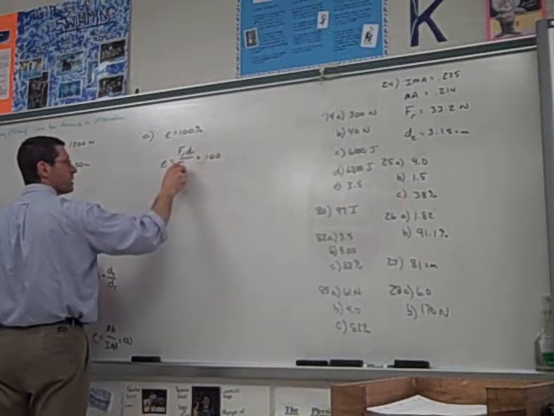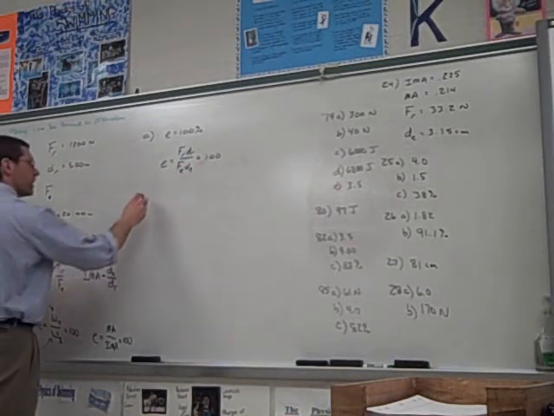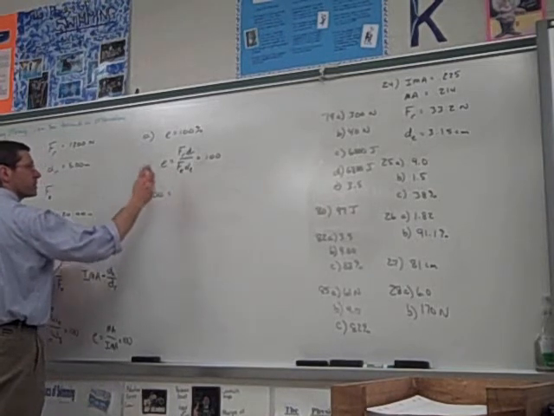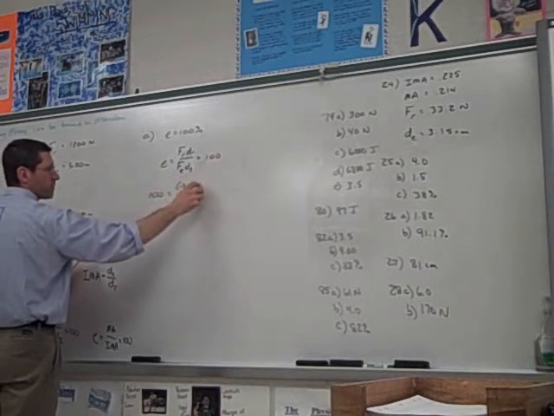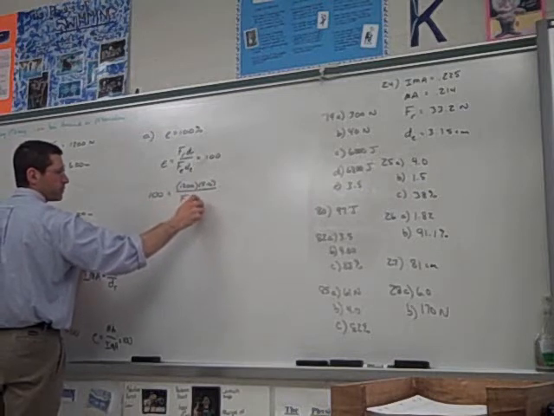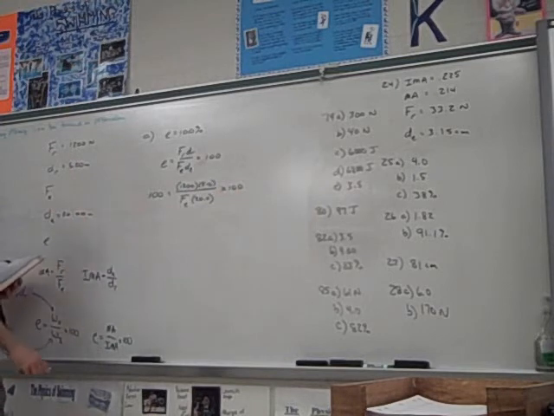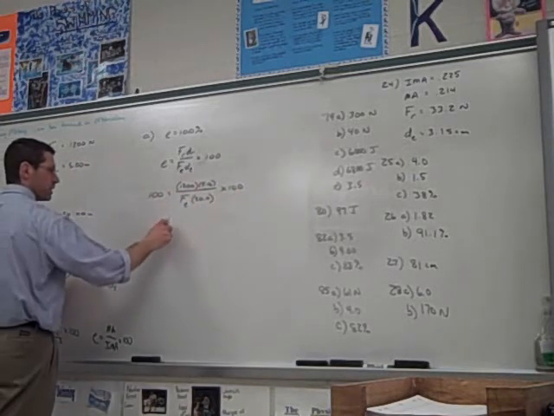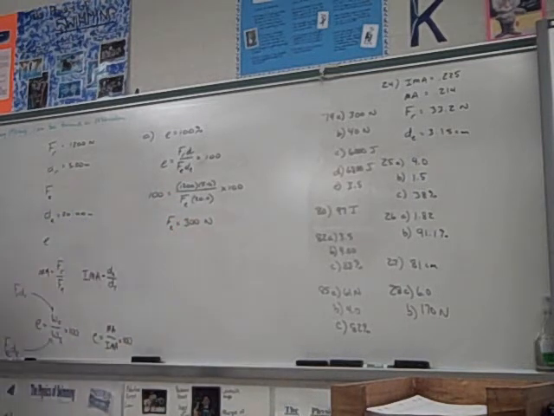Because there's no friction. It's an ideal machine, for part A. So now we could say 100 equals the FR, which is 1200, through 5 meters over the effort goes through 20 meters times 100. So bring your 100 over, you have 1 equals this, and then FE is 300 newtons. So he will exert 300 newtons to move the 1200 newton piano.